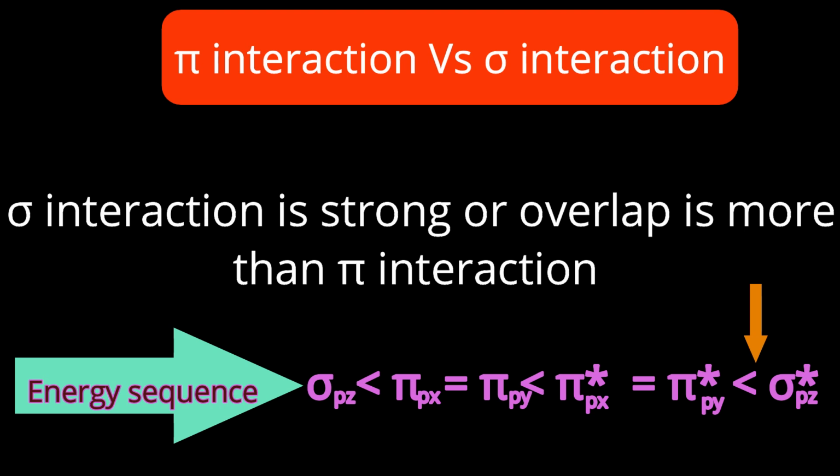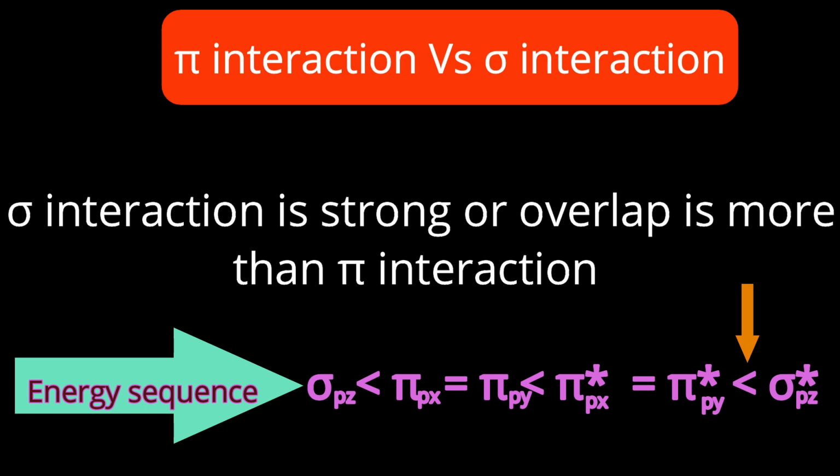On the other hand, the stability of the bonding orbital caused by pi interaction between px and px or py and py will be less compared to the stability of sigma pz. Accordingly, the antibonding orbital instability also will be less compared to the instability of the antibonding pz orbital.